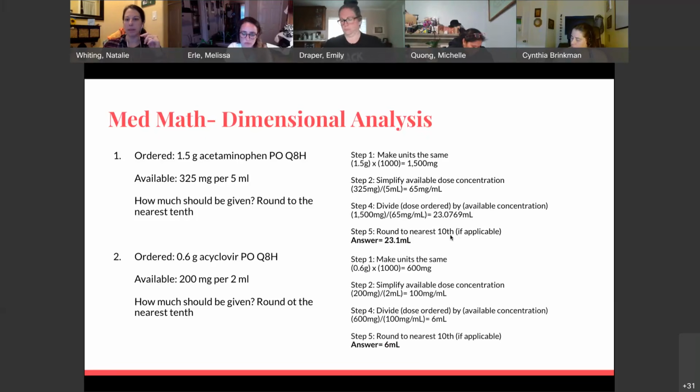Okay, same thing again, same process. You're going to make the units the same. You're going to simplify the available dose concentration. You're going to divide the dose ordered by the available concentration, and then lastly round to the nearest tenth. Now, this is my process. There are different ways of doing dimensional analysis. So if you do a different way and it works for you, that is okay.